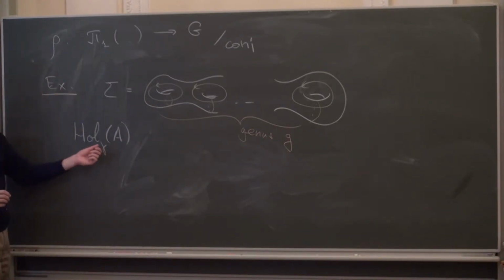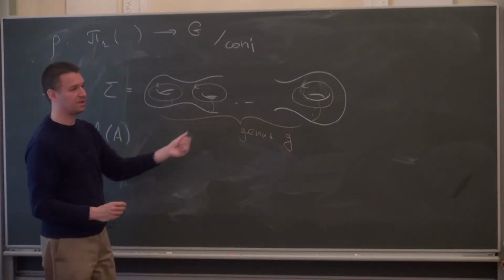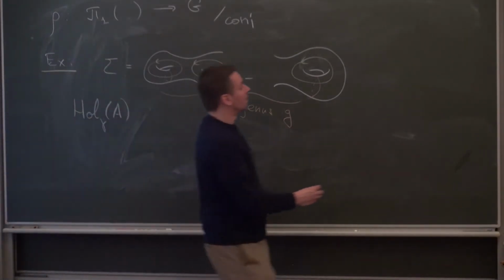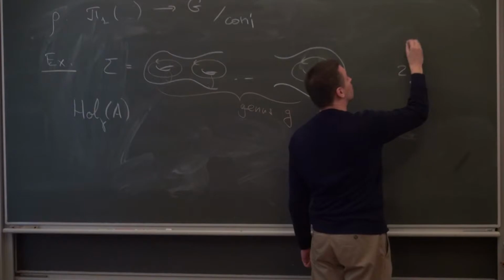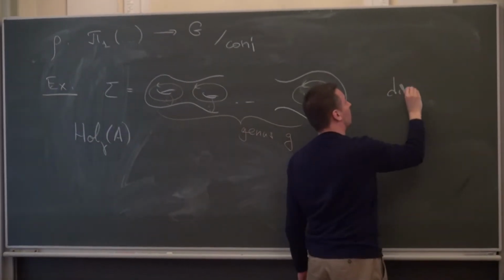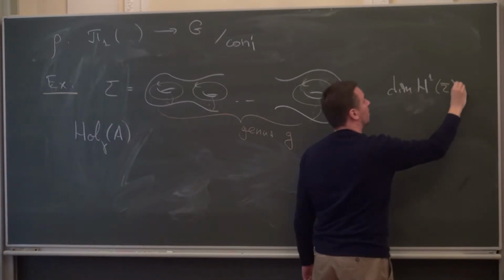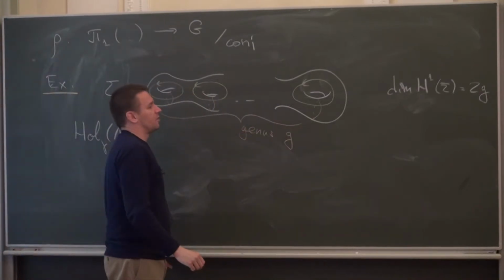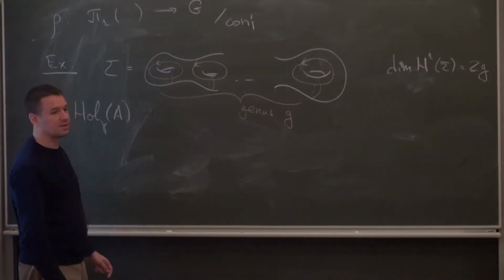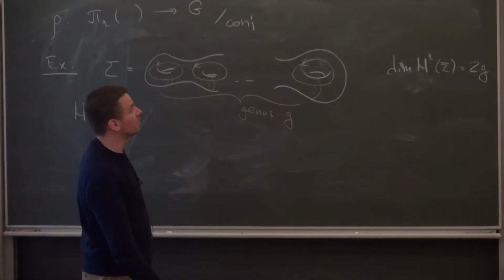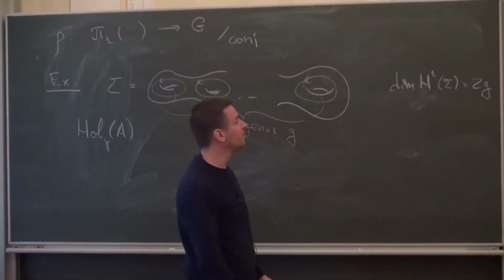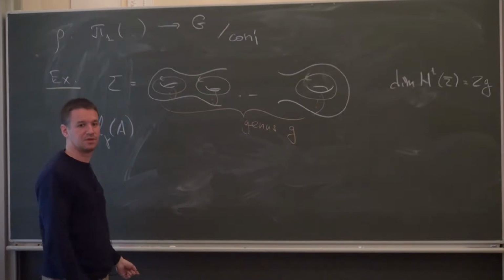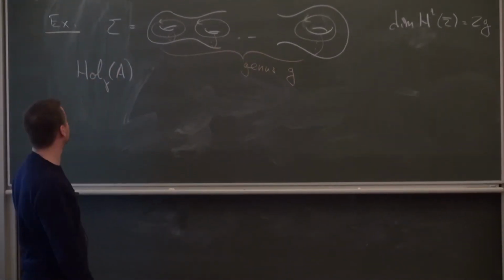I'll call them gamma, so gamma can stand for any A or B cycle here or any combination thereof. H1 of the Riemann surface is of dimension 2g, so there are 2g such different choices. The curvature of the bundle is 0, so in that sense it's trivial, but the holonomy of the gauge field is non-zero, so in that sense it is non-trivial. So it's a non-trivial flat bundle.